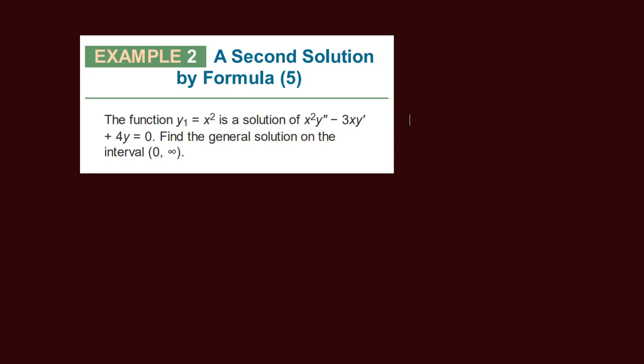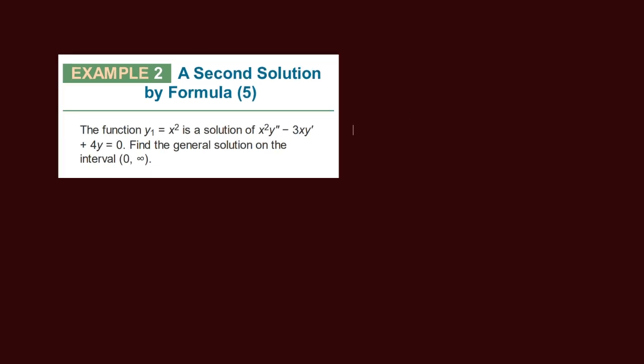Okay, so for this question, we have to find a second solution. Notice how we have x squared y double prime minus 3xy prime plus 4y equals 0. And this is in the following format.